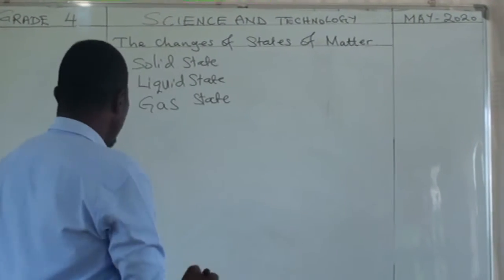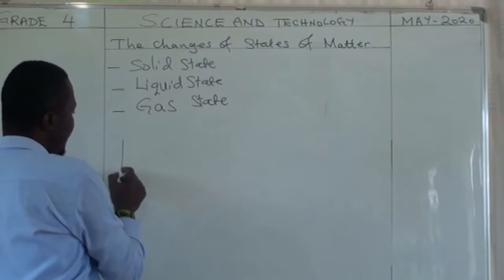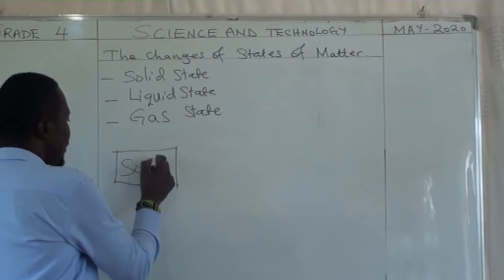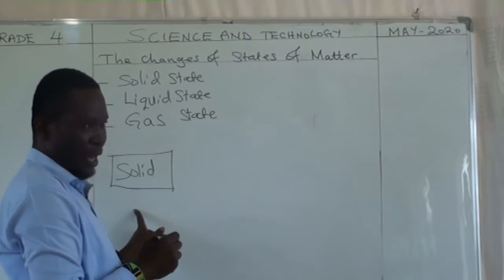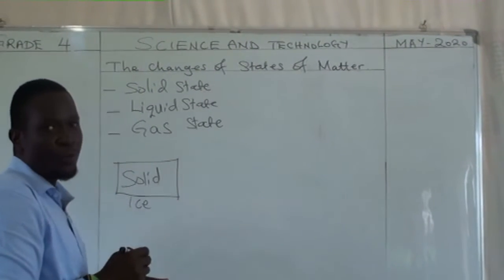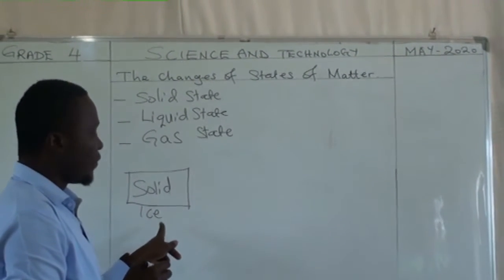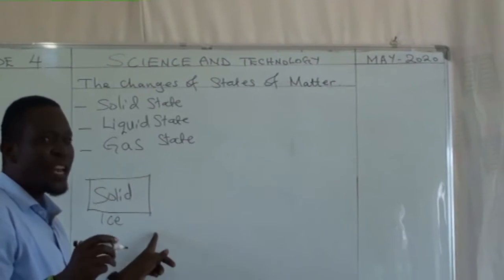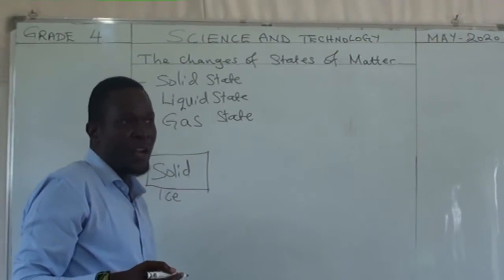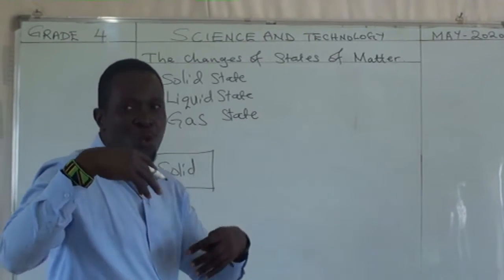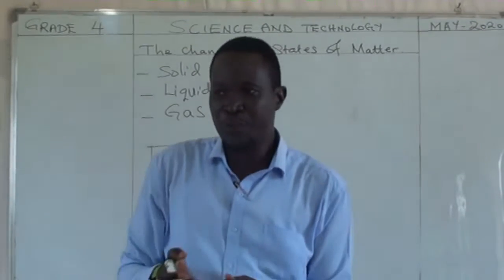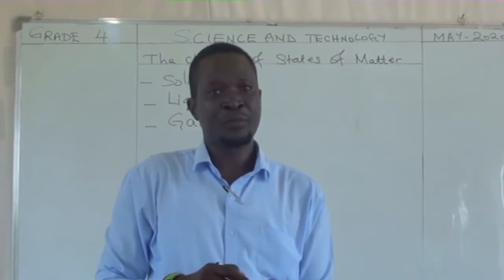For example, we have the solid state of water, which is known as ice. If there is an increase in temperature, an example is when you buy an ice cream and you take it out of the packet, right?